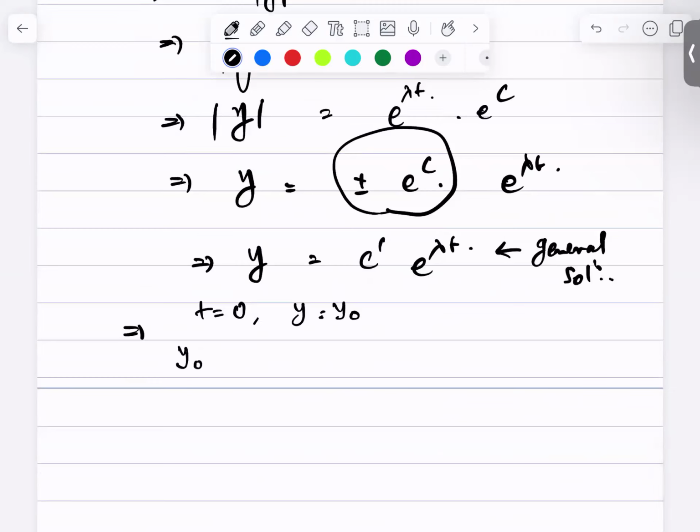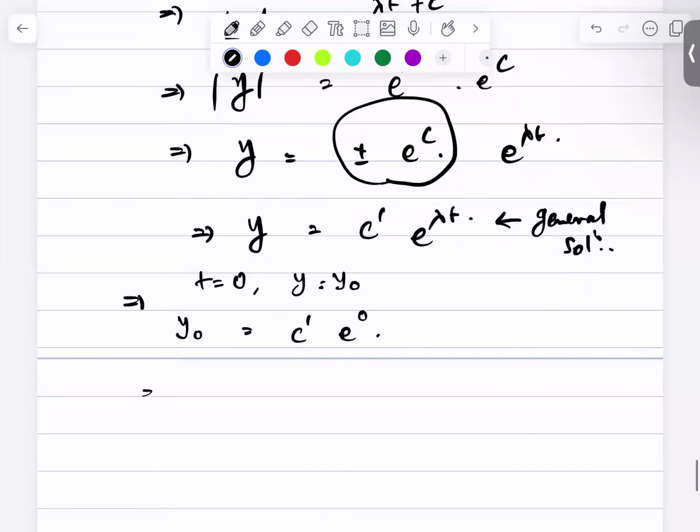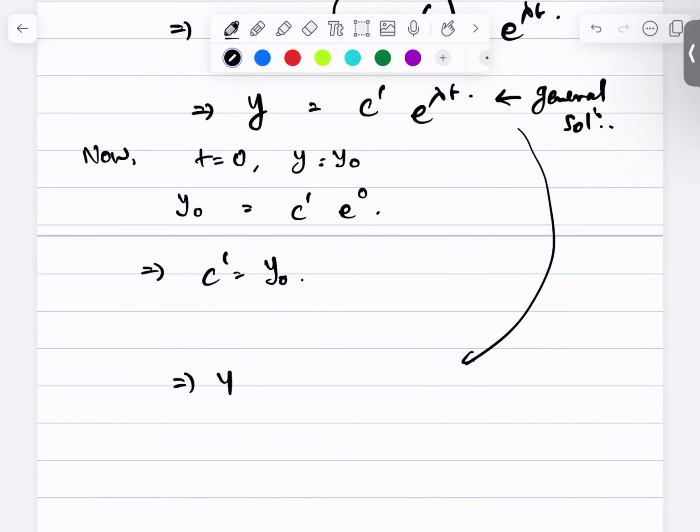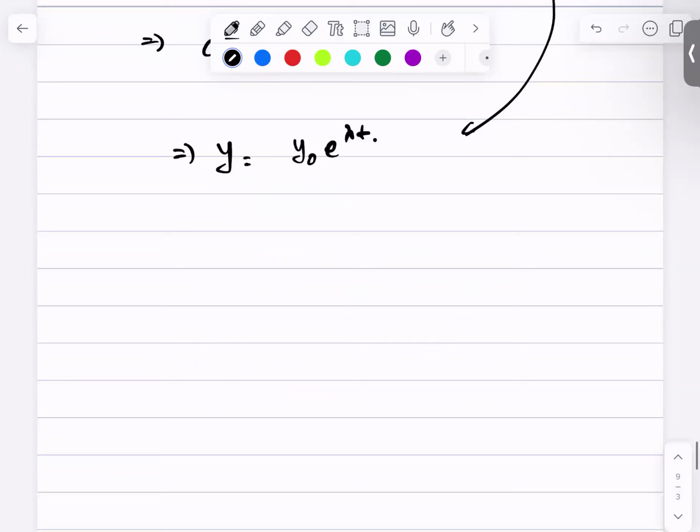If I put t equal to 0, I'll get c prime e to the 0 as this. So my c prime is basically y naught. So a particular solution will be y is y naught e to the lambda t. Sweet.